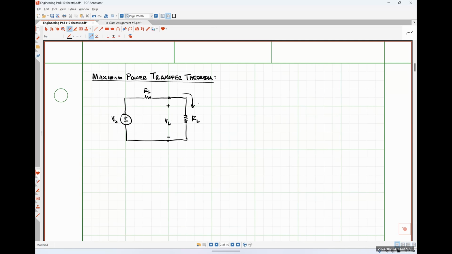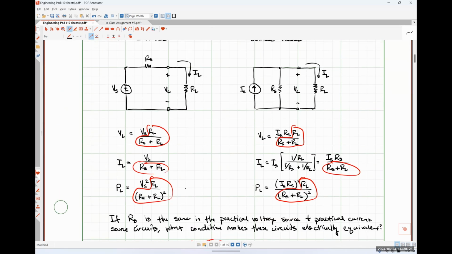So here's VL, here's IL. And a few moments ago, actually it was more like 10 to 15 minutes ago at this point, we found that the power that was delivered to this load resistance was equal to the source voltage squared times RL over quantity RS plus RL squared. Let me just double check things here. Yep, that's literally just this relationship right here.